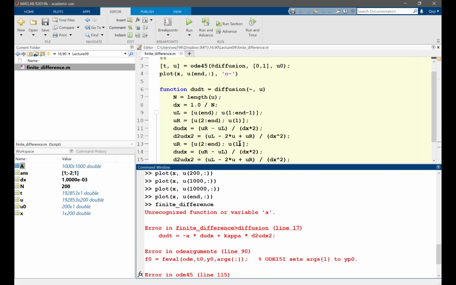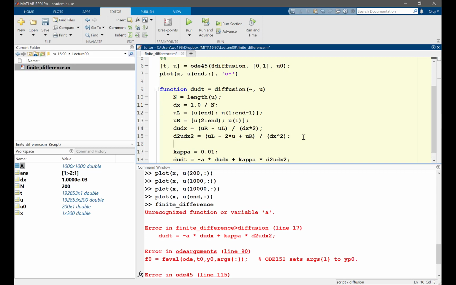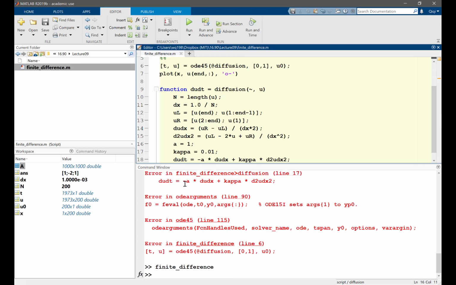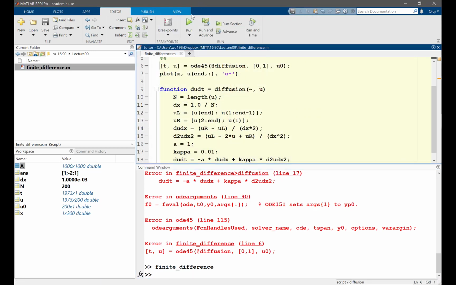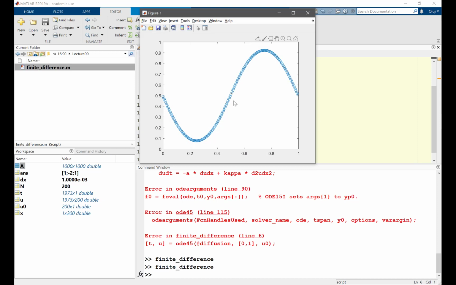Oh, we didn't set a. Set a equal to 1. The central difference is also nice in the sense that it doesn't matter what the sign of a is. I can solve it. Let me just run it again. Right now, this is the solution. The solution has advanced for one period, and now I'm here with a slightly diffused out solution.